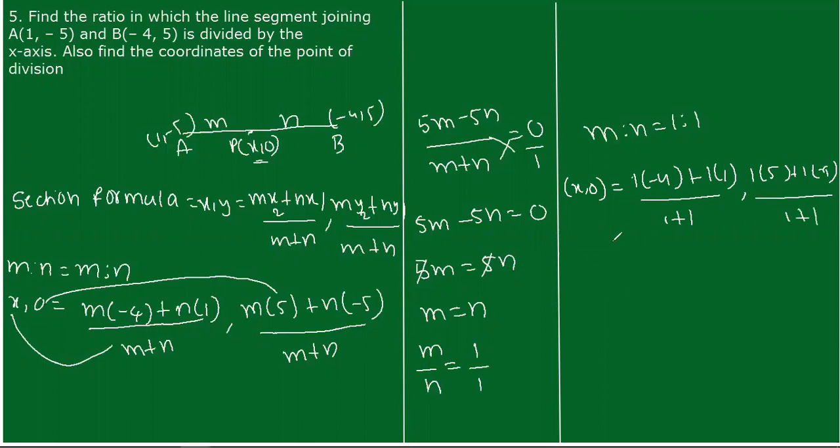As I have to find the x value, I'm just equating to this one, so this is not needed actually. Now I can write x is equal to (-4 plus 1) by (1 plus 1). Sorry, let me write properly.